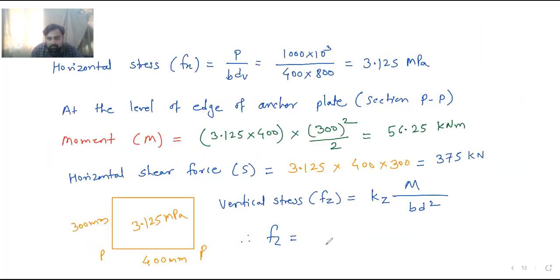So I will put Kz as minus 5 into the moment, 56.25 into 10 to the power 6 divided by Bd square. B is 400 and D is 800 square.